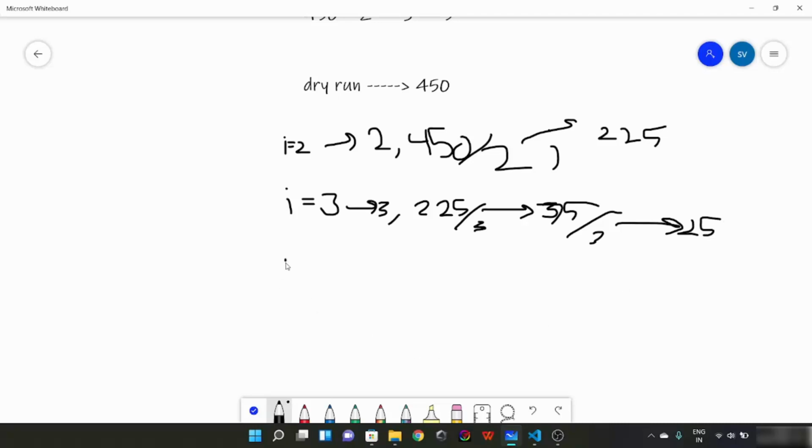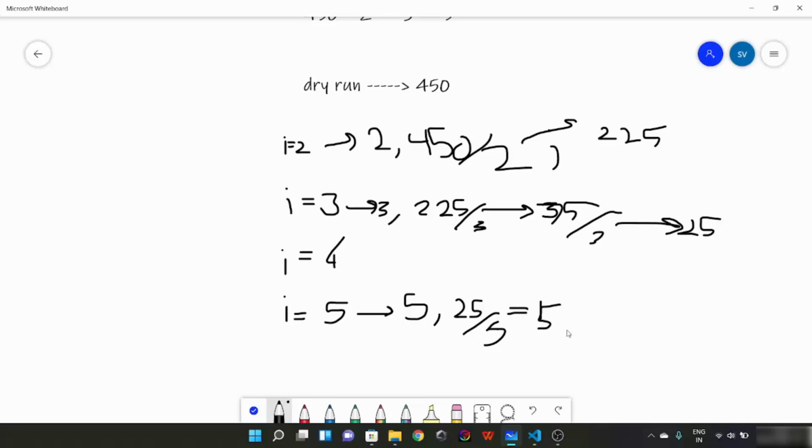Right. Now we're going to take i equals 4. We can see that it will not divide 25. Hence we'll skip this and go to i equals 5. Then we can see that 25 will get divided by 5, hence we'll print 5. Now 25 by 5 becomes 5.